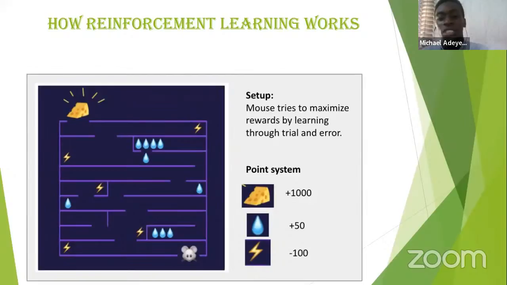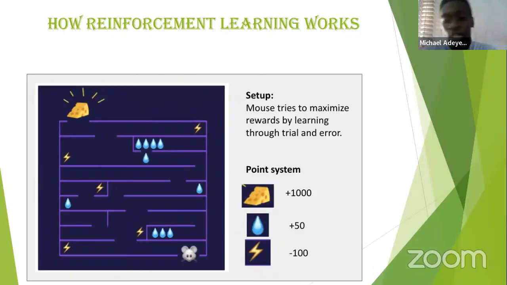So it might take a particular action several times, depending on how it's able to learn and how its environment is. For the mouse to get to its destination, it has to pass through all these obstacles. How it works is that the mouse takes an action, and by taking this action, it's able to understand what to do.